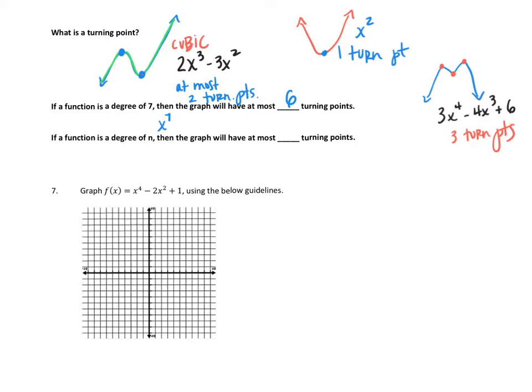And then if a function is a degree of n, meaning like say we have x to the nth power, so it could be the 10th power, it could be the 100th power, it could be the 1000th power, then it can have at most 1 less than that degree. So it could have n minus 1 turning points. So whatever it is, if it's x to the 100th, it could have 99 turning points at most.